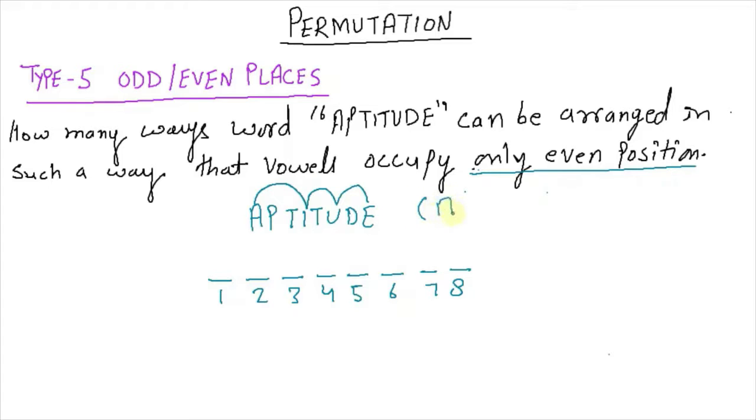Write them separately. They will occupy only even places. So even positions are 2, 4, 6 and 8.